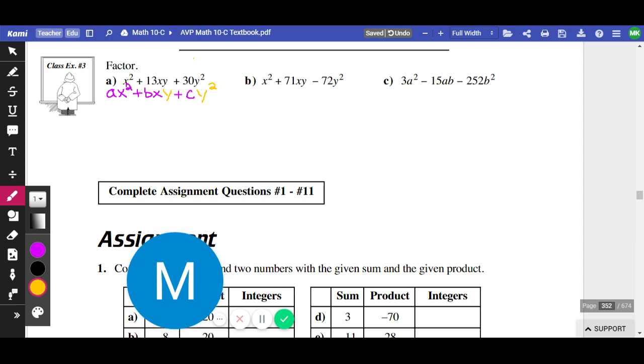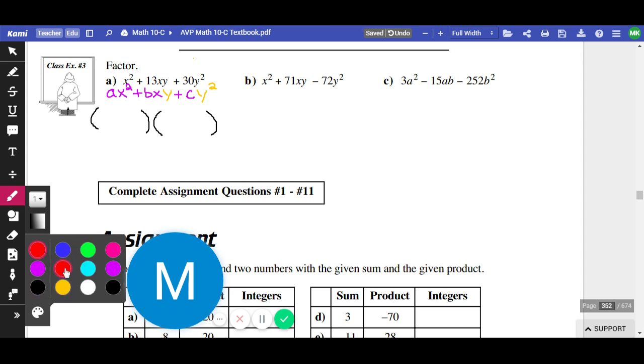All right, the same rules are going to apply. When I factor a trinomial, I get 2 binomials. So I'm going to take this thing, and I know it's going to break up to be like this. 2 binomials. I'm going to use my knowledge of, well, the first term comes from the first terms multiplied together. So if I want x squared, it's going to be x and x.